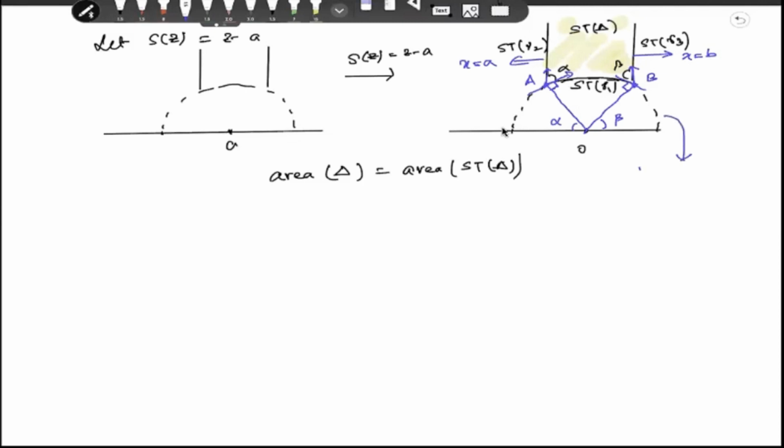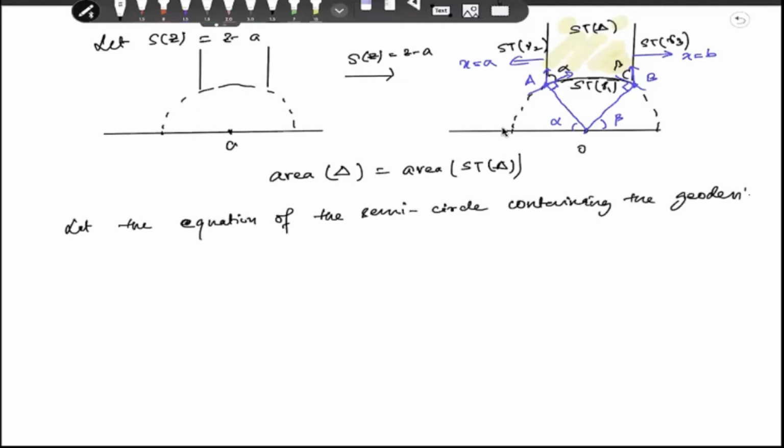Let the equation of the semicircle containing the geodesic segment AB be y equals root over r squared minus x squared, where r is equal to mod of OA, which is again equal to mod of OB.